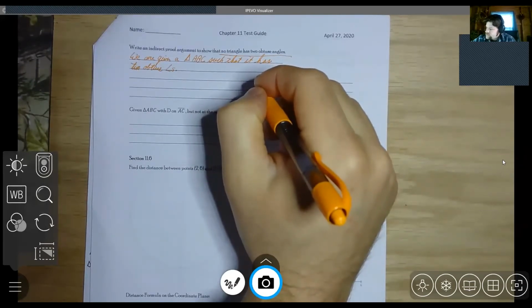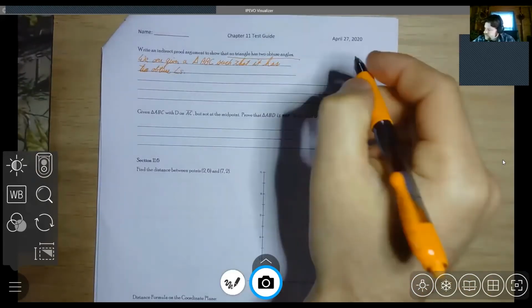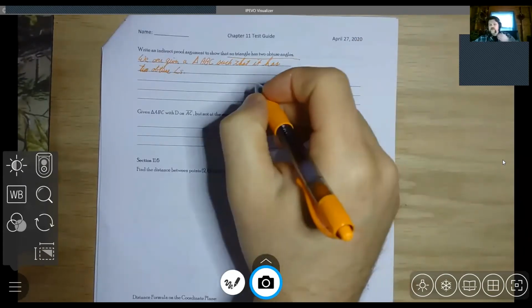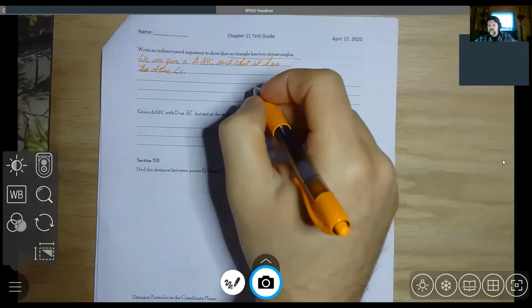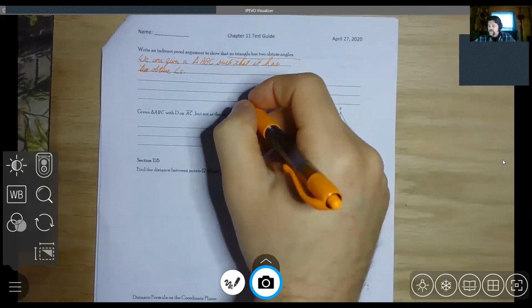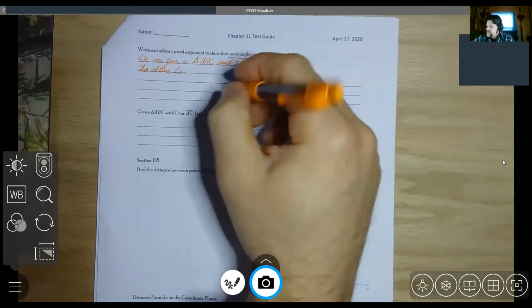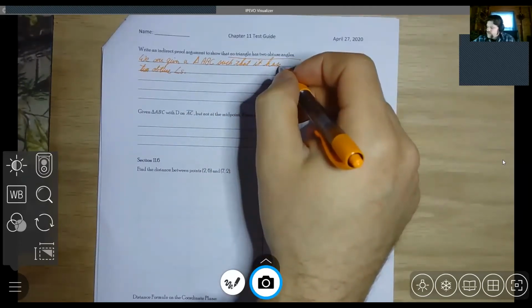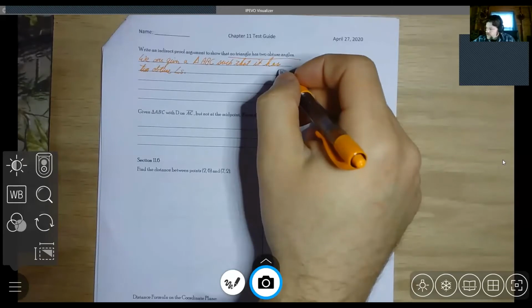So there's your negation, or the opposite, instead of like a direct proof where you would say we have a triangle.